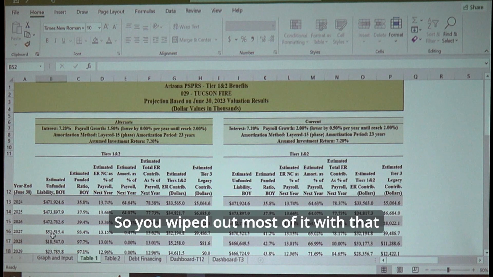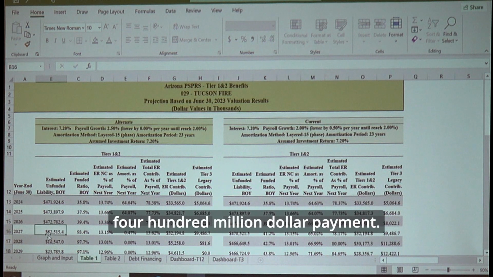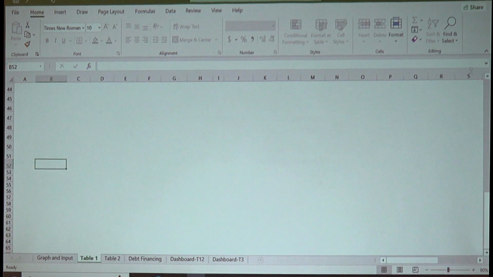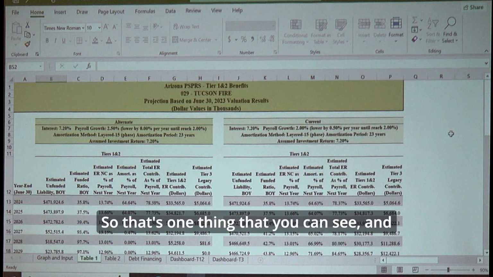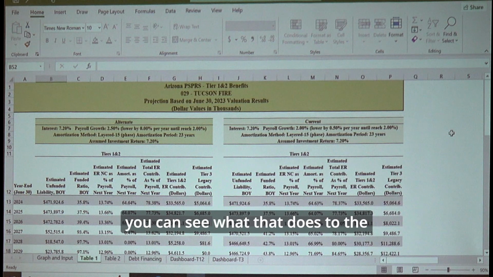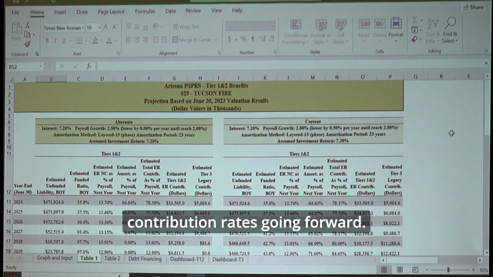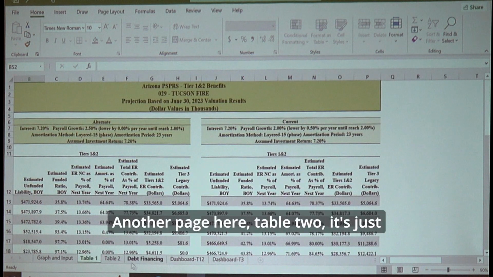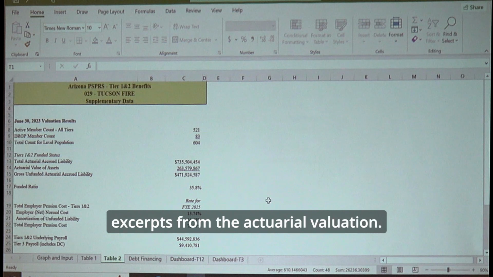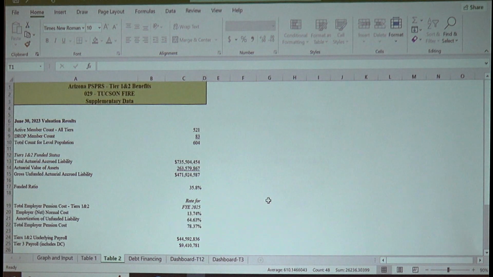So you wiped out most of it with that $400 million payment. Okay? So that's one thing you can see: what that does to the estimated contribution rates going forward. Okay? Another page here, table 2, it's just excerpts from the actuarial valuation.